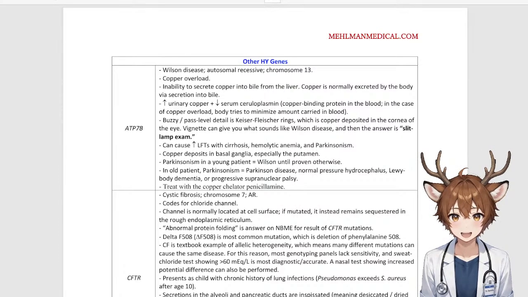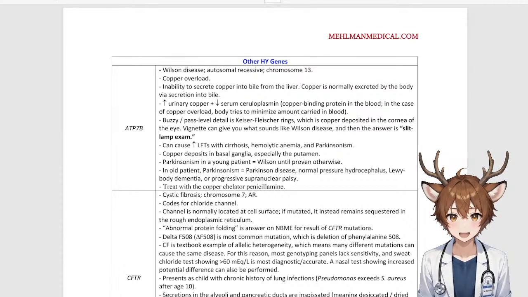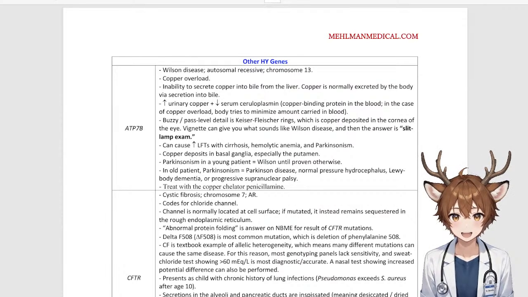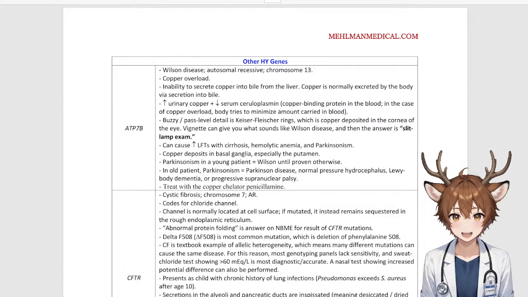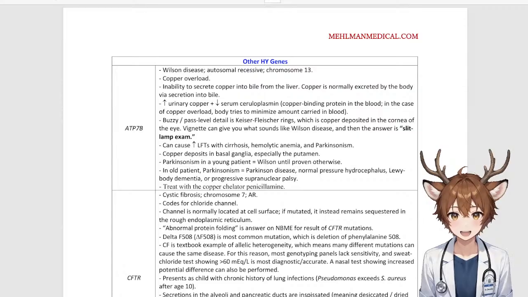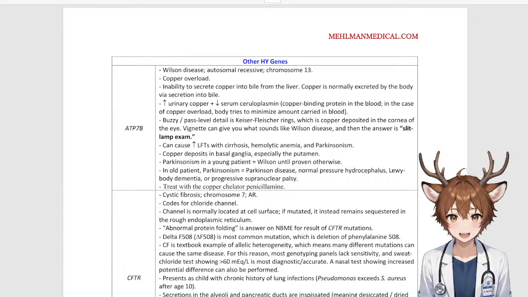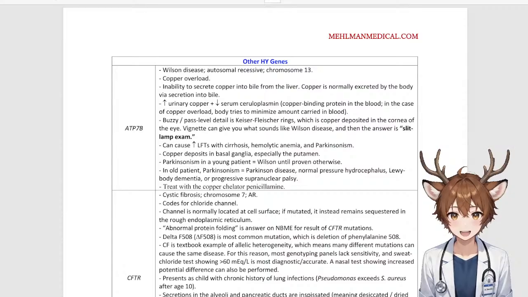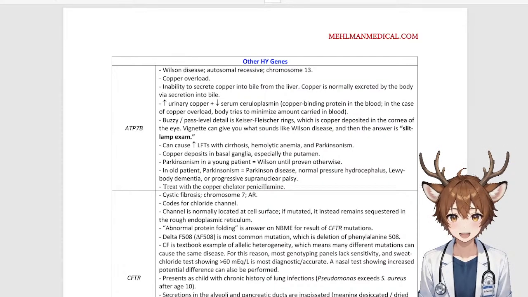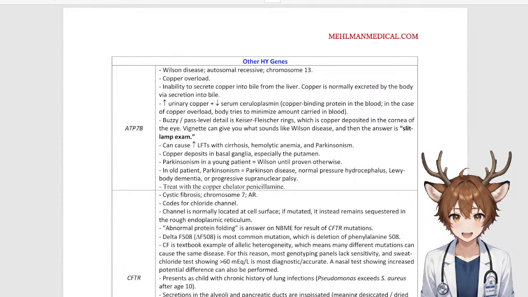The vignette can give you what sounds like Wilson's disease, and then the answer is slit lamp exam. It can cause elevated LFTs with cirrhosis, hemolytic anemia, and Parkinsonism. The copper deposits in the basal ganglia, especially the putamen. Parkinsonism in a young patient means Wilson's disease until proven otherwise. In other patients, Parkinsonism equals Parkinson's disease, normal pressure hydrocephalus, Lewy body dementia, or progressive supranuclear palsy.